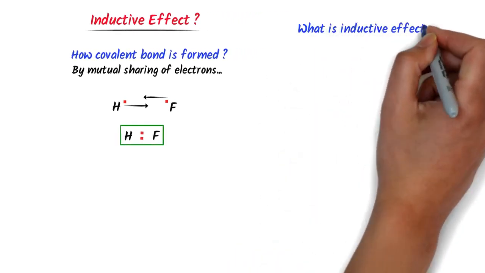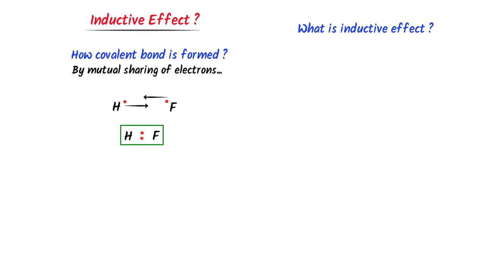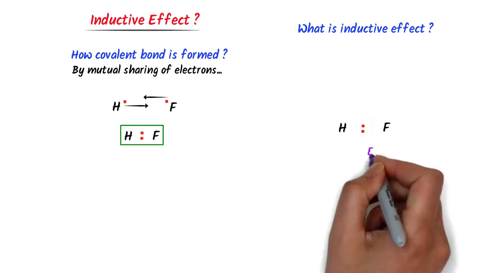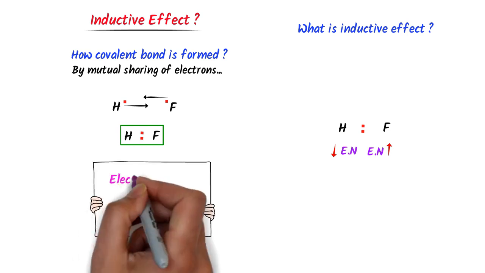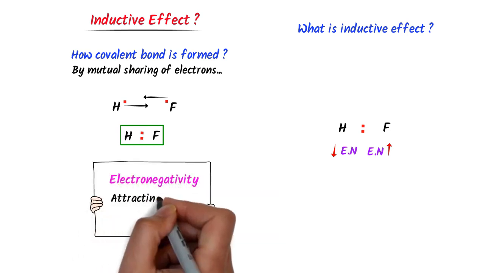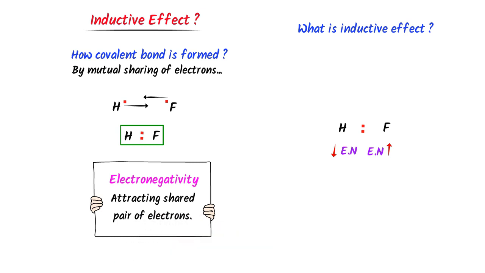Now what is inductive effect? Well, consider this covalent bond between hydrogen and fluorine. We know that this is a shared pair of electrons between these two atoms. Now fluorine is more electronegative and hydrogen is less electronegative. Remember that electronegative means attracting the shared pair of electrons.